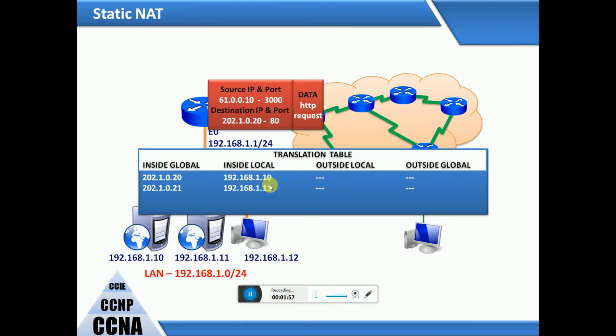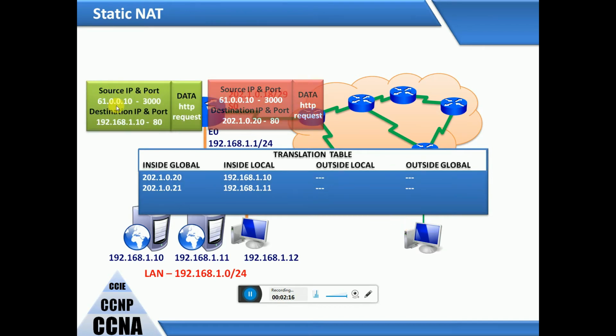The inside local IP addresses are 192.168.1.10 and 192.168.1.11. These IP addresses showing outside this way are the inside global. The source IP address is 61.00.10.3000, and the destination IP address and port 192.168.1.10 is 80.